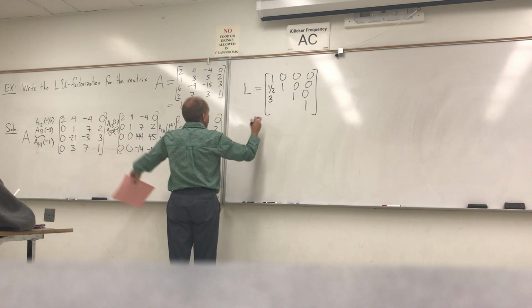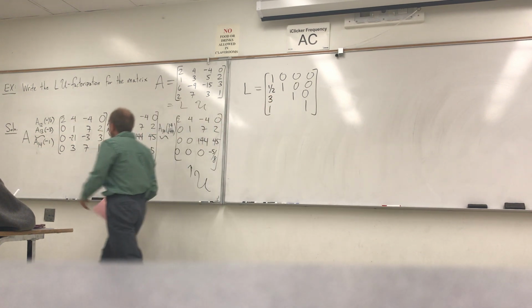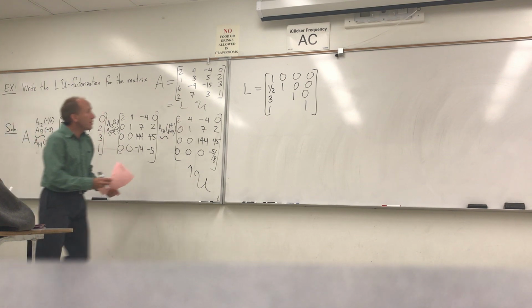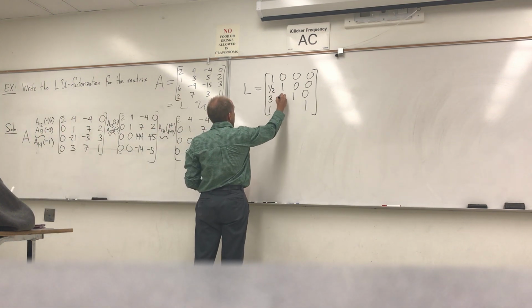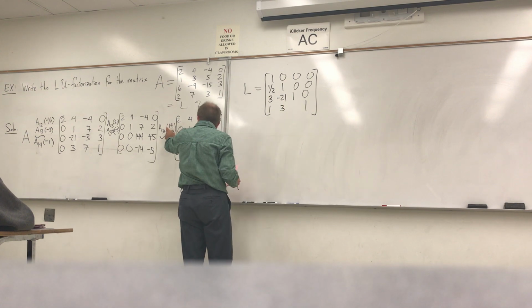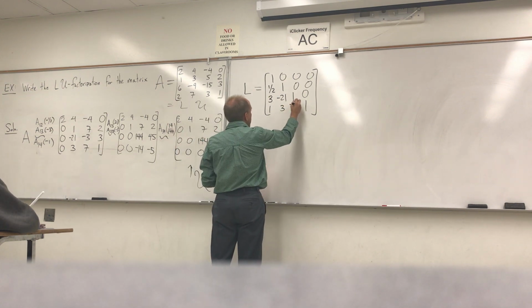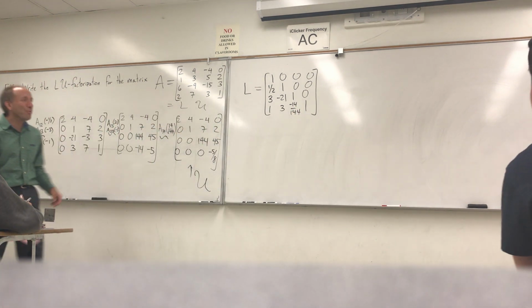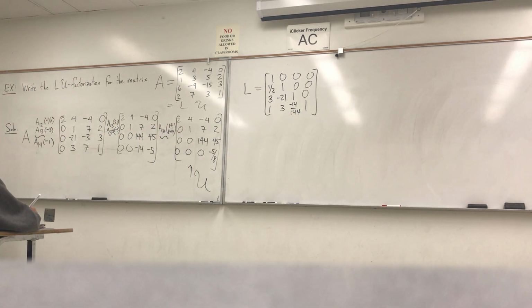And then finally the -1 changes to a +1. So literally this becomes the first column. The negatives of these multipliers are the first column of L. The negatives of these multipliers are the second column of L, so I'm going to get -21 and +3. And then the negative of this multiplier, which is -14 over 144, becomes the multiplier right there.